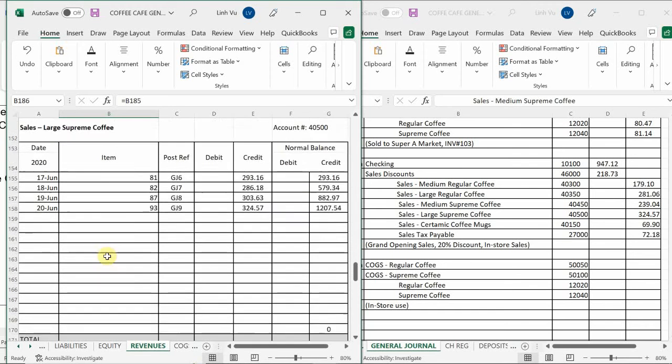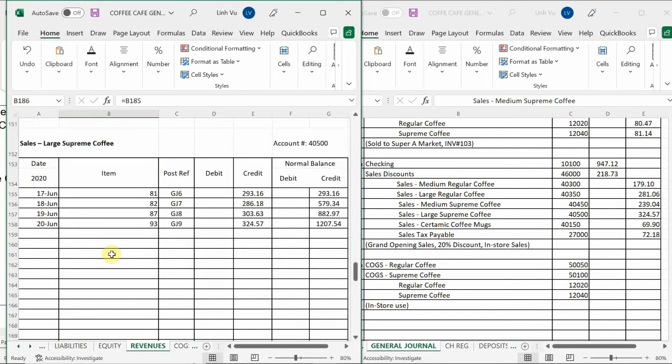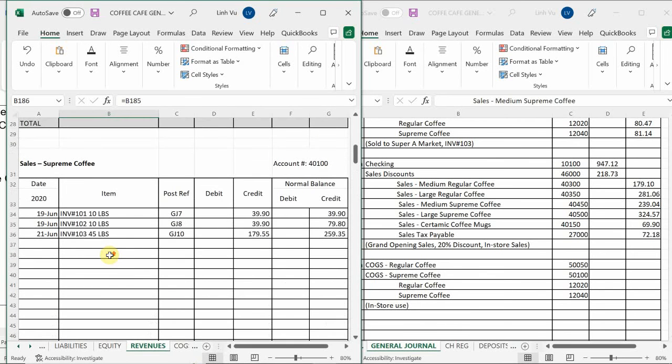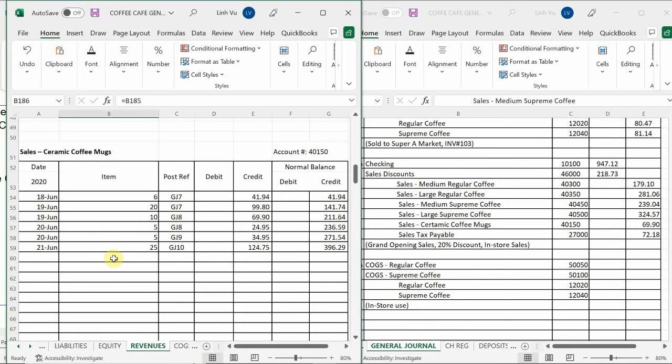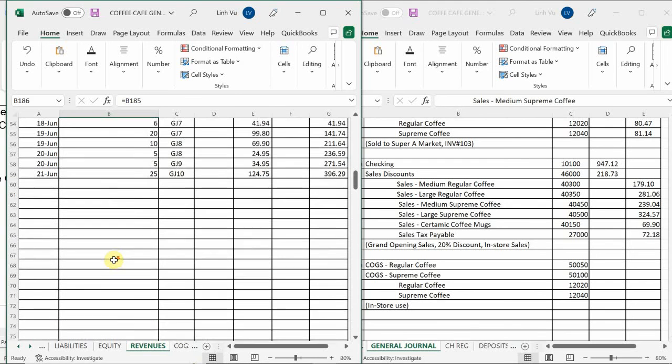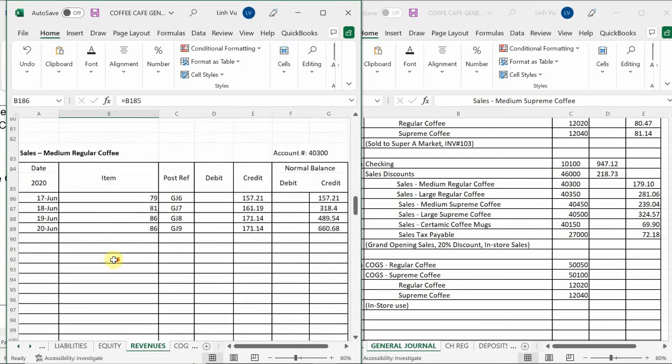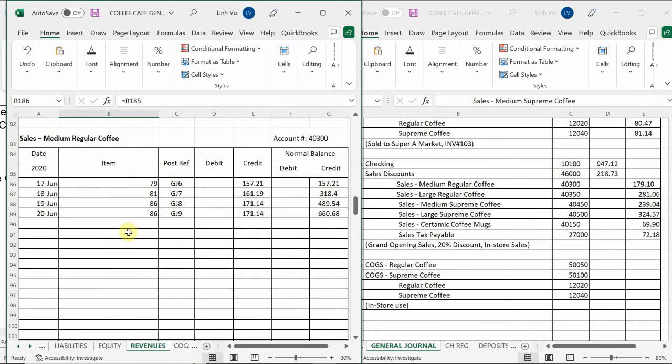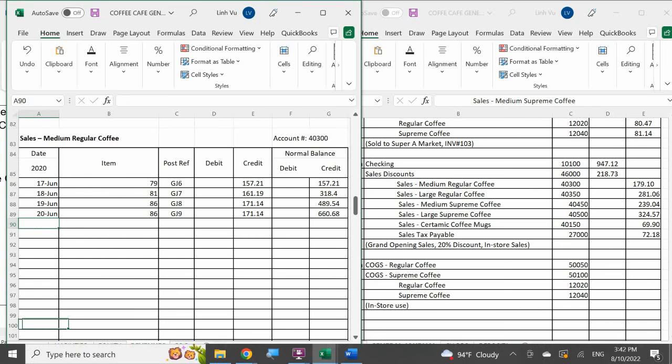And then we go on. Sales is for each of the cups. And first one we have regular medium. I decided to take your advice and go down the list of the journal. Good, right? It prevents you from skipping around and accidentally missing an account, which can cause discrepancies in your trial balance.